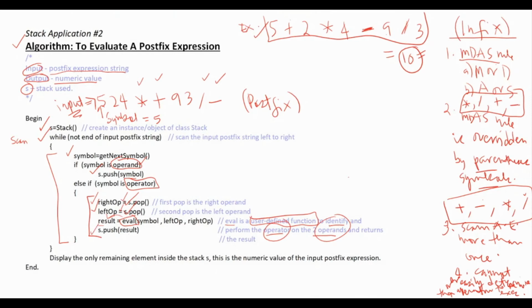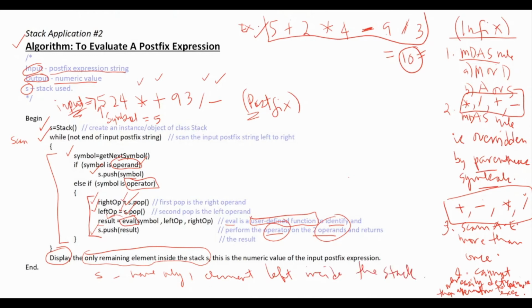And when we finish scanning the input postfix expression, that is when the while loop is over, we then display or output the only remaining element inside the stack. Now take note, when the input postfix expression is a valid postfix expression, then the stack S must have only one element left inside the stack when the while loop is over, or when we are done with scanning the input postfix expression.